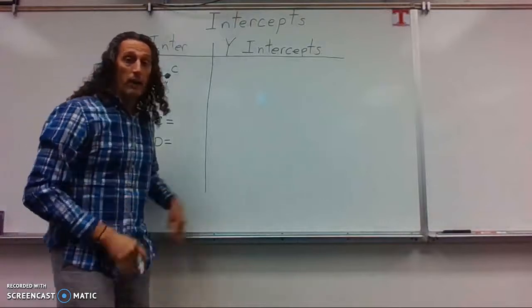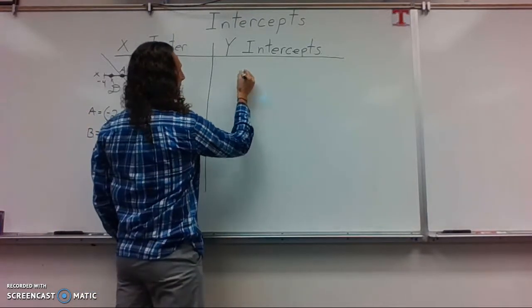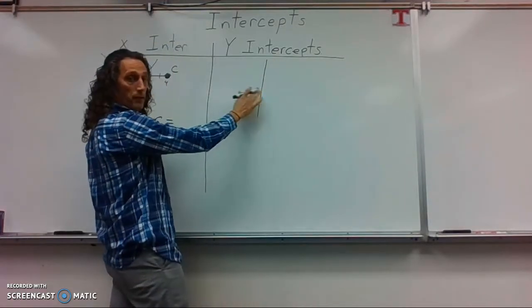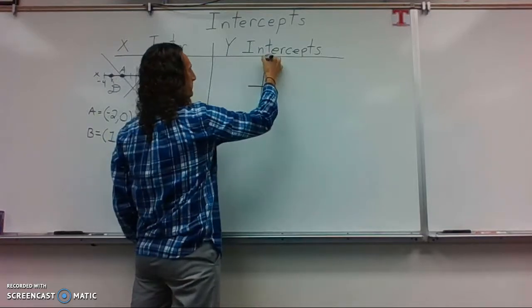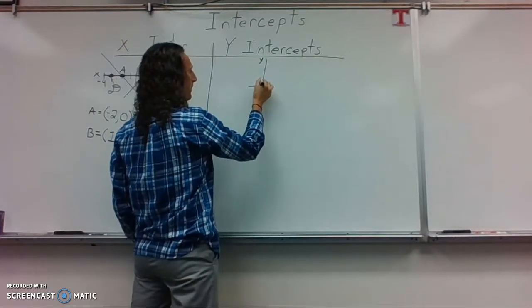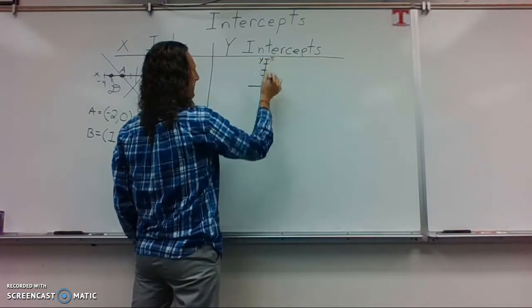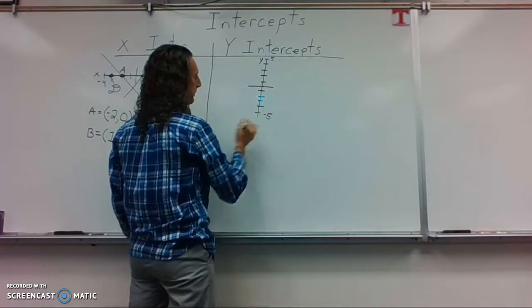All right. Now, going with the y-intercepts, again, let's draw, this time I'm going to draw a coordinate plane. We're going to highlight, though, the y-axis, make the x-axis short. Let's see, 1, 2, 3, 4. I'll put 5 on this one. 1, 2, 3, 4, negative 5 at the bottom. Right?